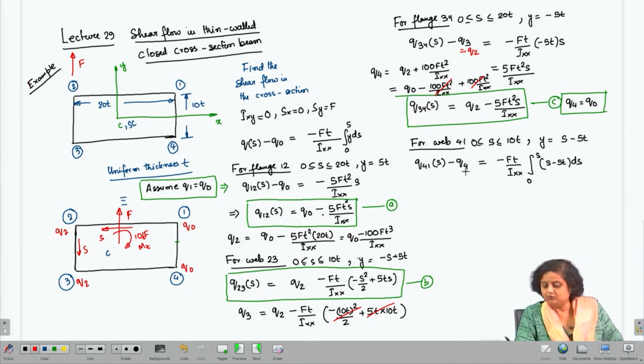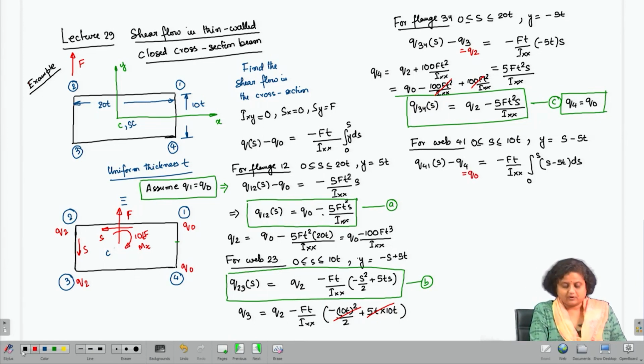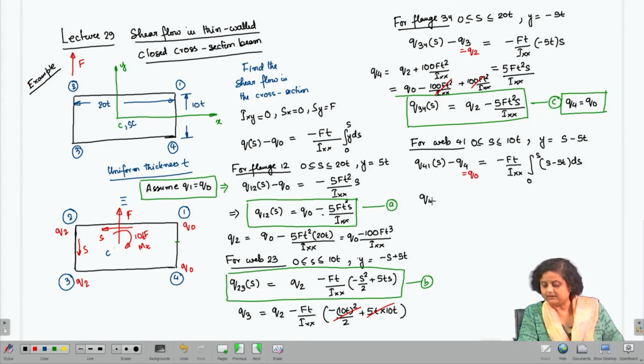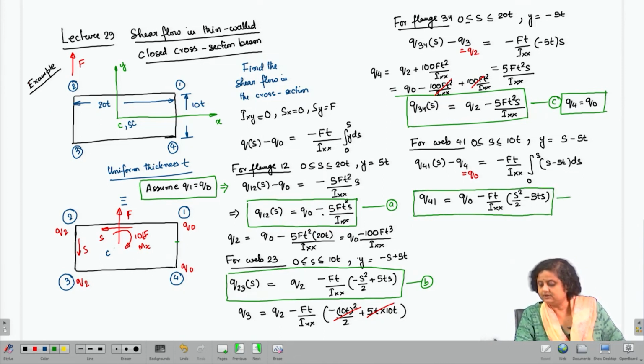So, in turn Q4 is going to be Q0, we have figured this out. So, therefore, Q41 can be written as Q0. So, this is the last equation that we got. So, this is equation D.